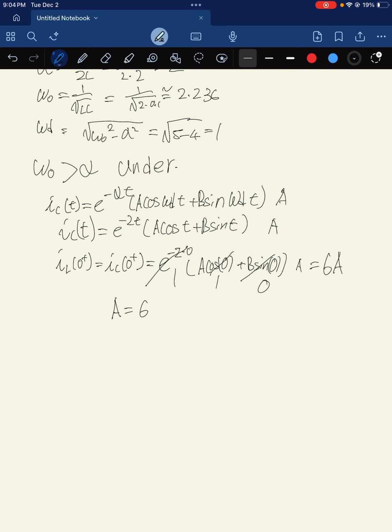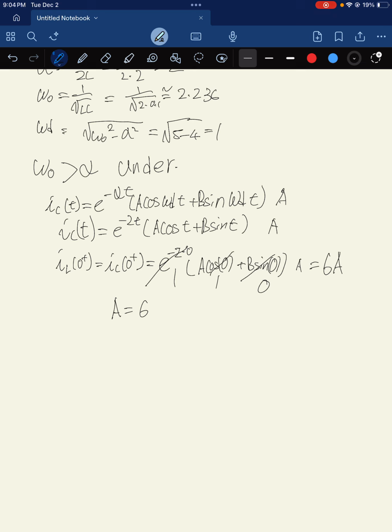Now we found A. Now I have to write down the general solution for IC prime of t, right? You can use the product rule to find the general solution for the derivative. I'm just going to use the calculator. It's more accurate.